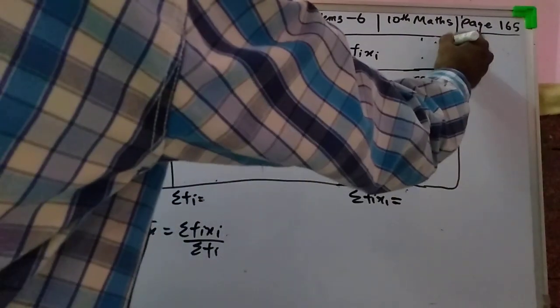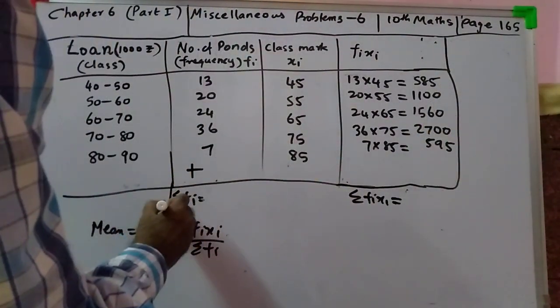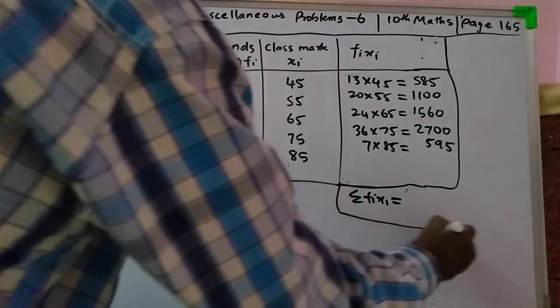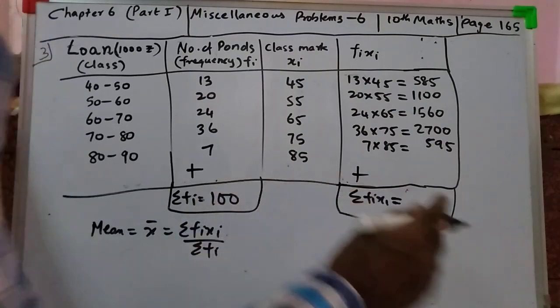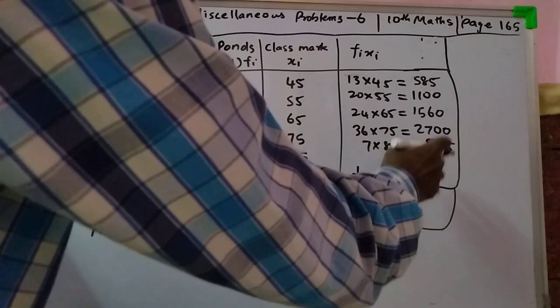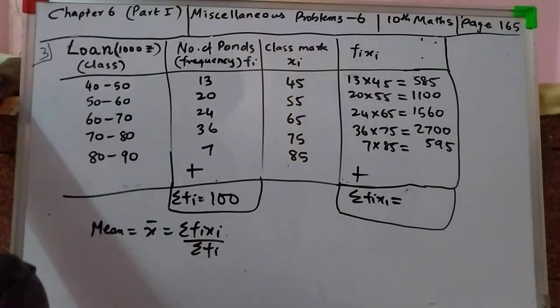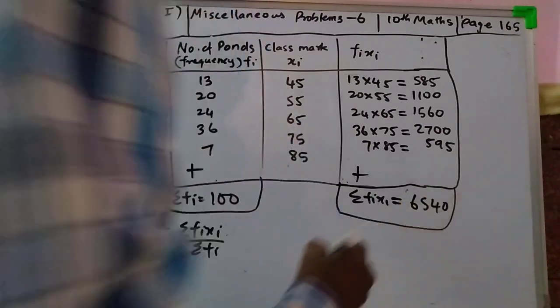Now you have to add it. Summation of fi, you have to add all, and you will get 100. Next, you add this, and you will get 6540.